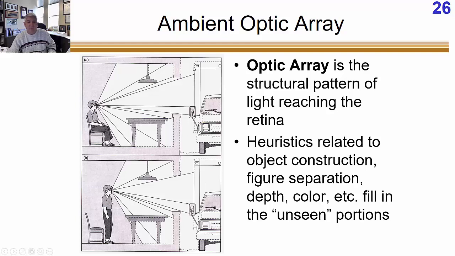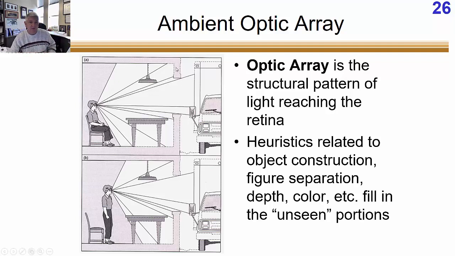So everything with a dashed line is not in this person's optic array. Everything with a solid line they can see. But we know, by sitting here looking out this window at this truck, that this truck has a tire. And we can estimate the general shape of the front of the truck because we have heuristics of what trucks should do, right?